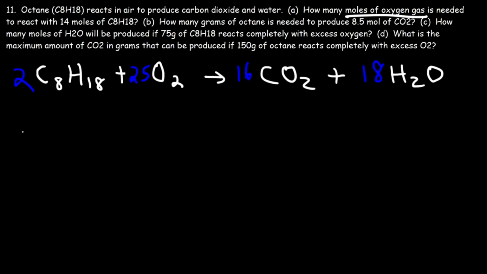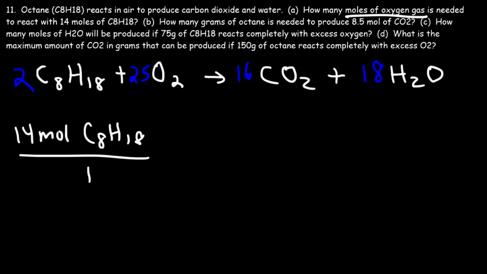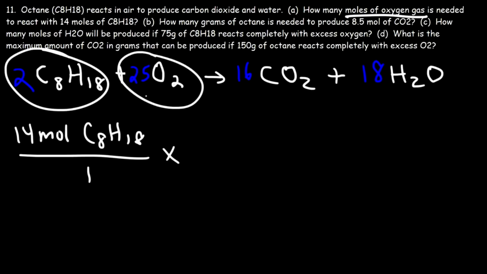So let's start with what we're given, and that is 14 moles of octane. Now, to convert from one substance to another, we need to use the molar ratio. So we're going from octane to oxygen gas. And notice the coefficients, 2 and 25.